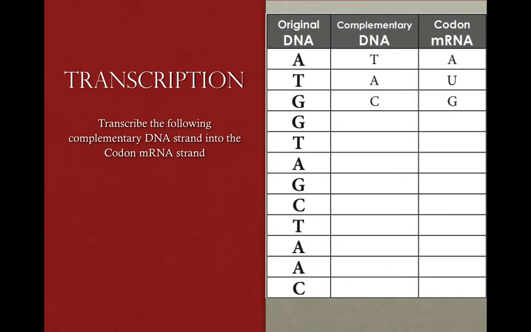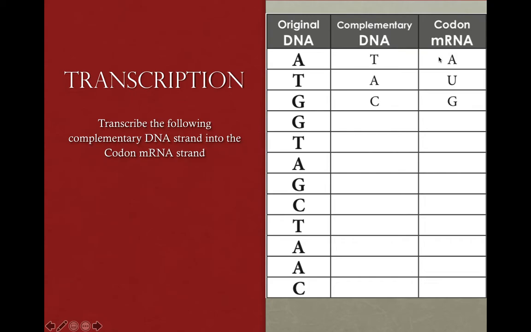So if I gave you something like this right here, and it is from the same worksheet, I would ask you, on this one right here, of course, you would replicate the DNA strand. But now, since we've already done that, you can look back at your answers from there and just fill that in. But let's look at this mRNA strand, the codon.